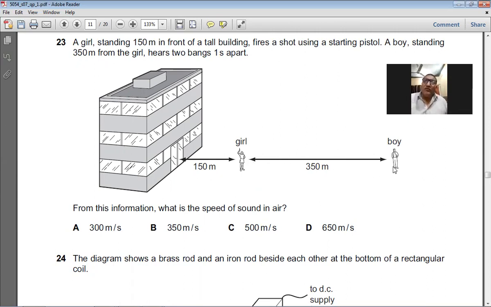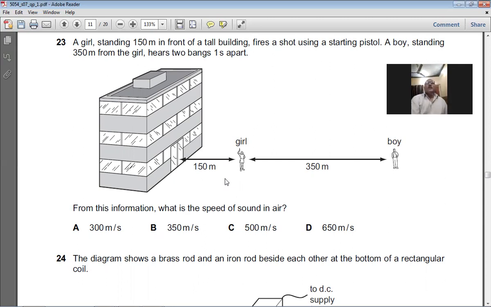The sound which went directly to the boy covered 350 meters. The sound which went to the building, reflected, and came back to the boy covered 650 meters. So the difference of distance traveled by both the sound waves is 300 meters.